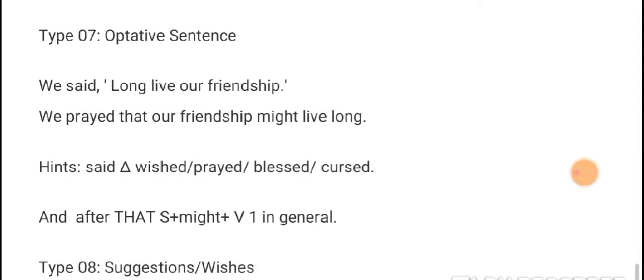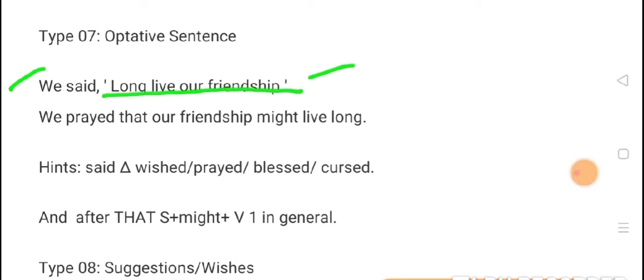This is type 7, optative sentence. We said, long live our friendship. Here is a prayer. It's like a prayer, like a blessing. So we prayed that our friendship might live long. The subject is our friendship, and "may" is already hidden there.